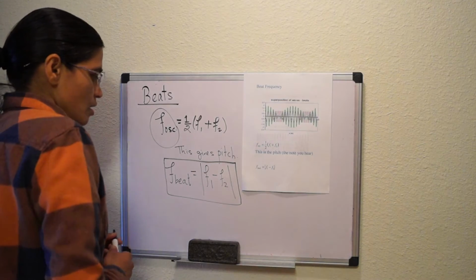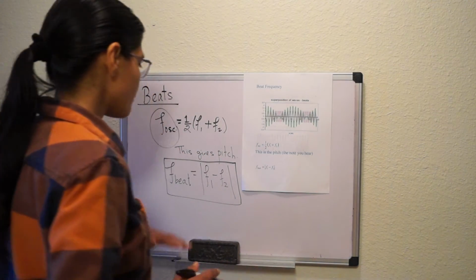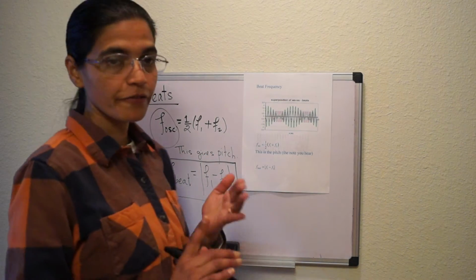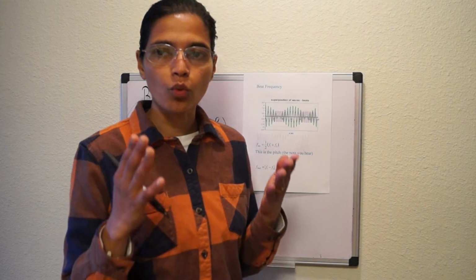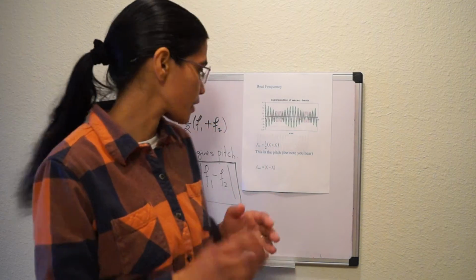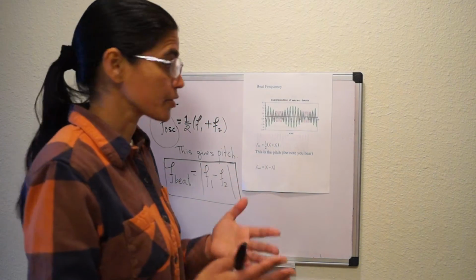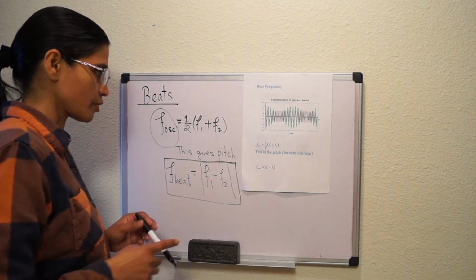Okay, so the beat frequency is the difference between the frequencies of the waves when two waves of slightly different frequency are traveling and overlapping or superimposing with each other.